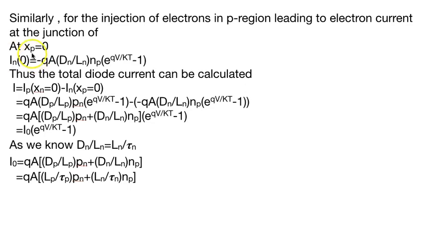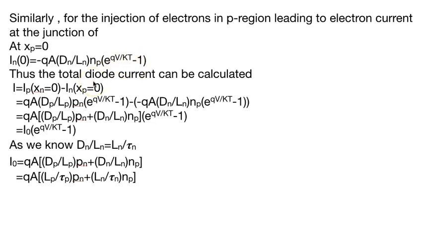Similarly, for Xpn equals 0, at the edge, the current is minus QA Dn over Ln Np e to the power QV/KT minus 1.